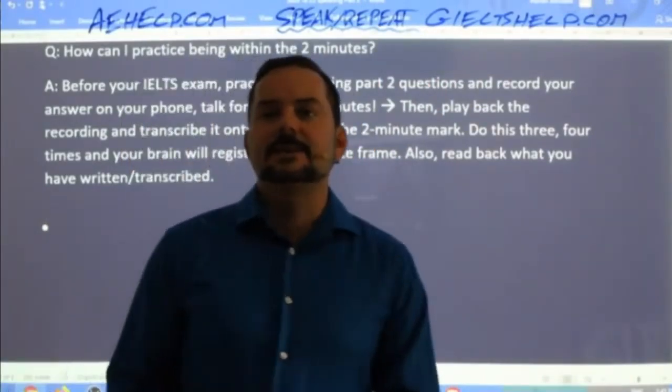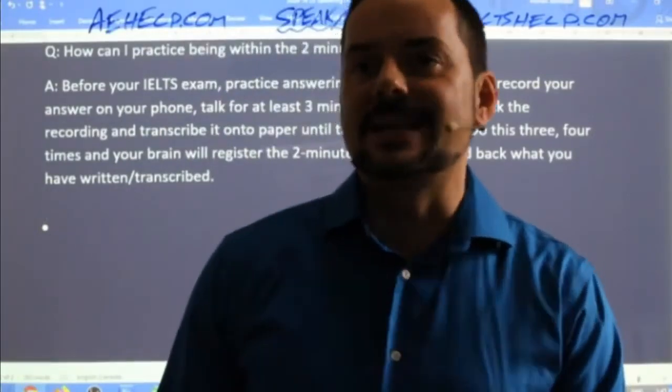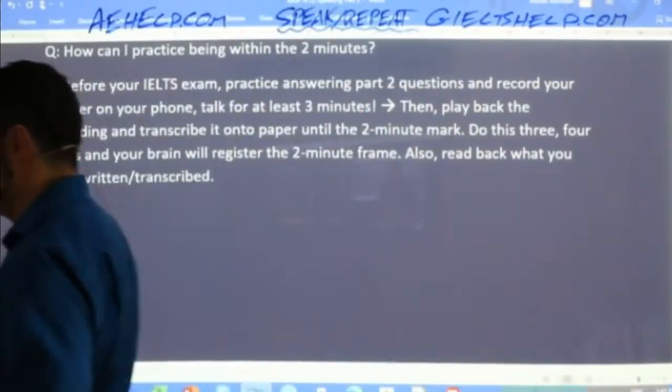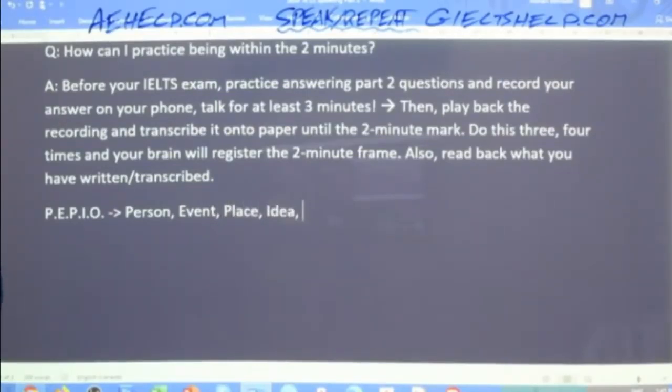Yeah, and Sammy's come up with this clever mnemonic device, this acronym PEPIO, we can call it. Sammy even wrote me an email to introduce this PEPIO. So take note of this. This is how you can remember the possible categories: person, event, place, idea, or object.